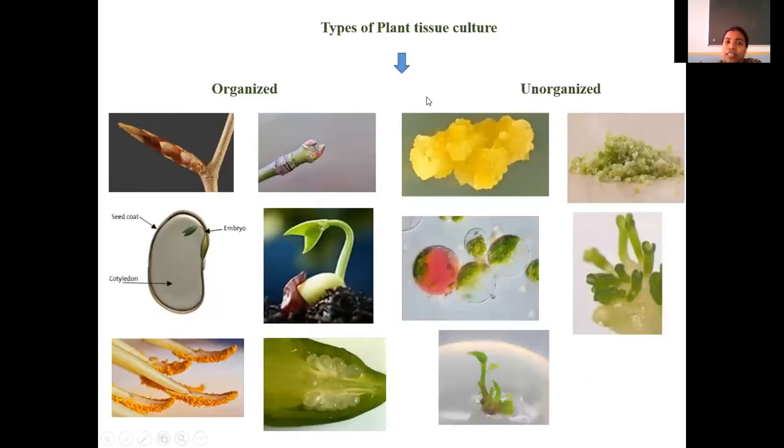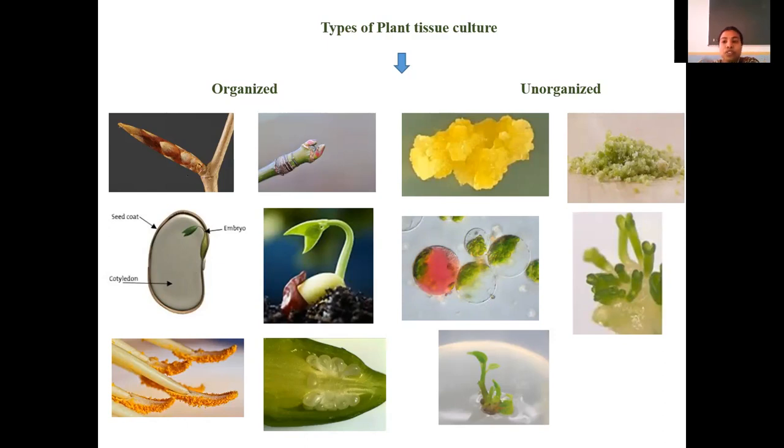Then plant tissue culture can be divided into two types. One is organized plant tissue culture, the other is unorganized plant tissue culture. On my left hand side, you can see the complete organs of the plant: buds in the node, meristem, shoot tip, embryos. Embryo culturing is needed in case the endosperm, the white part, for example in coconut, is not well developed properly.